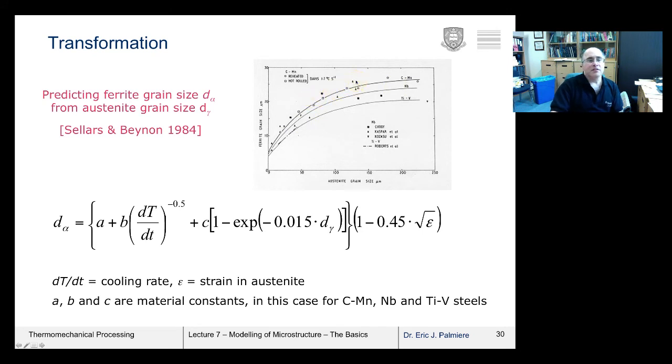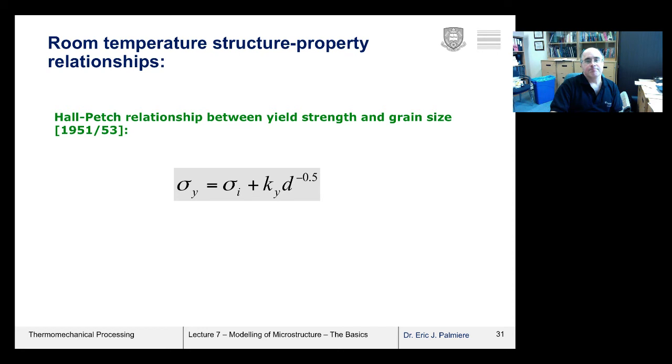And clearly the ultimate semi-empirical equation of state is the Hall-Petch relationship. This goes back to the early 1950s, and quite nicely it predicts a linear relationship for the yield strength of a metal as a function of the initial grain size, along with other constants given by sigma_i and k_y, which have some meaning.